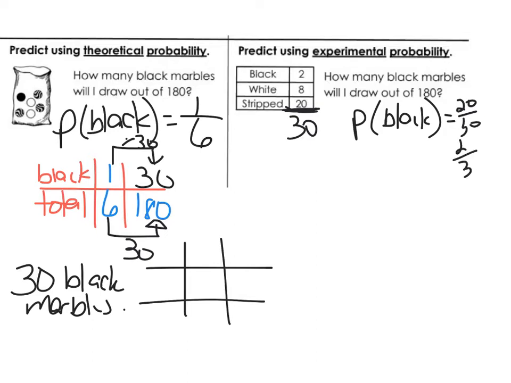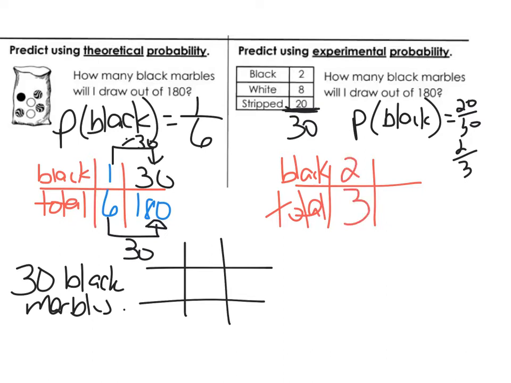So now we're going to go ahead and use that chart. So we have, again, black marbles over total. So we have 2 black marbles for every 3 in the bag. So if I have 180 marbles now, what would be my scale factor?